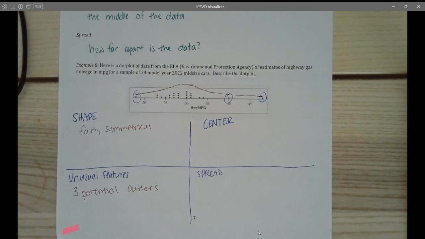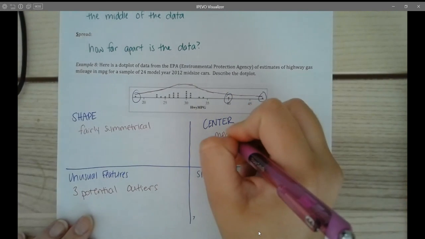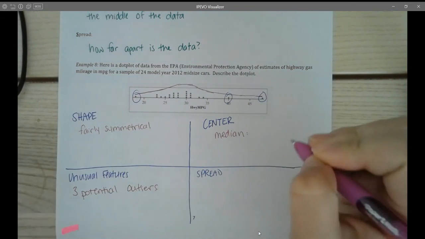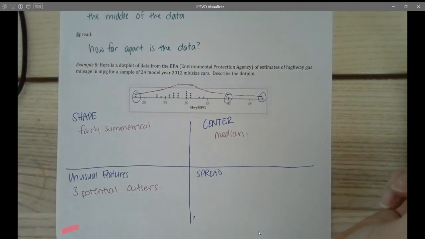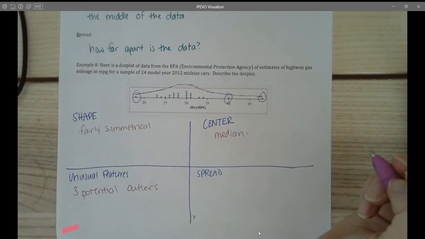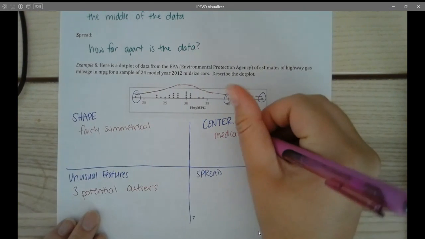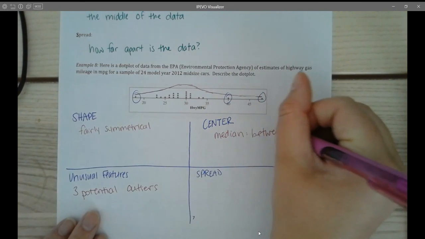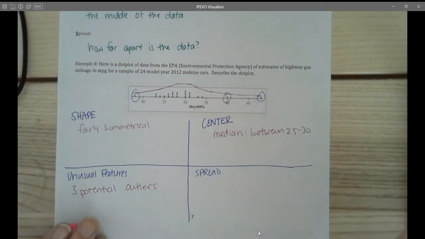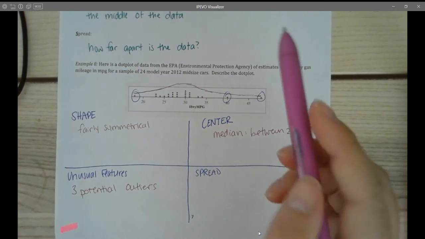Okay. The center. Could we find, oh, how about the median? Do you remember that word from Algebra 2? Actually, it's from 8th grade, so it's an 8th grade standard. I know you know what median is. It's probably been a while. The median is the middle point of the data, and I'll tell you, the median is between 25 and 30 somewhere, and we can't figure that out, and let's talk about why.